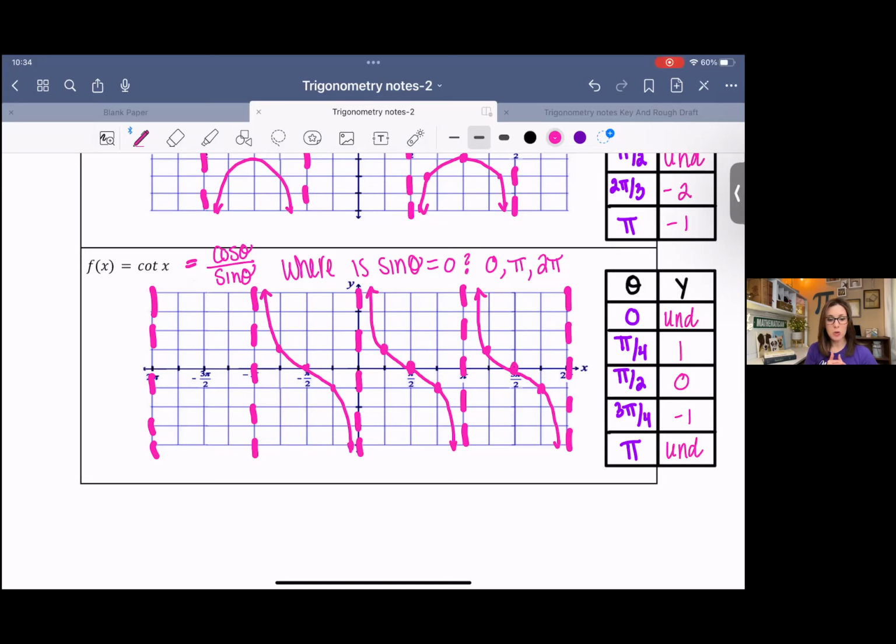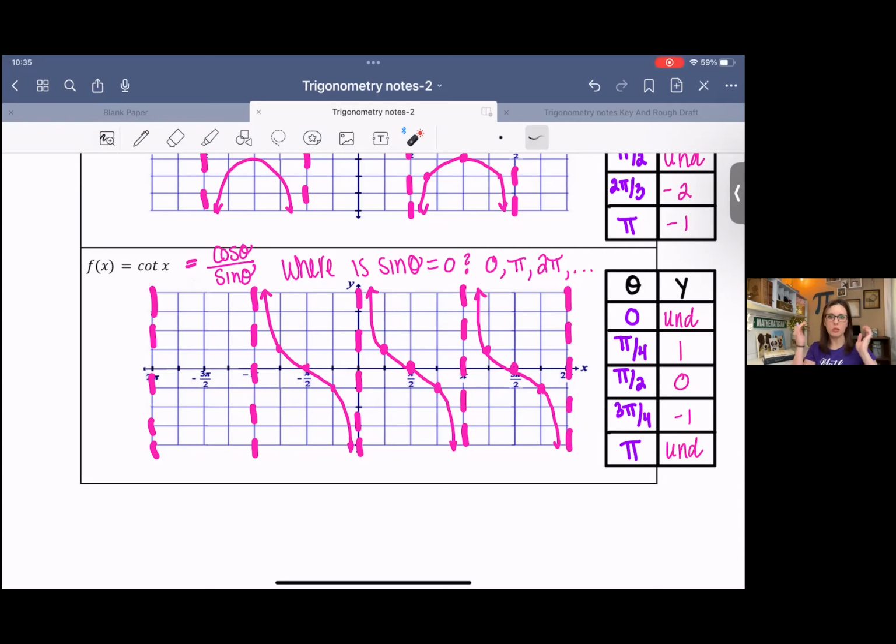So you're looking to see where sine theta is 0. And we know that those asymptotes, those excluded values from the domain, are 0, pi, 2 pi, and so on. That continues in the same manner. And so when you have those boundaries, and then you see the 3 dots there, you might be tempted to draw a straight line, but those boundaries matter.